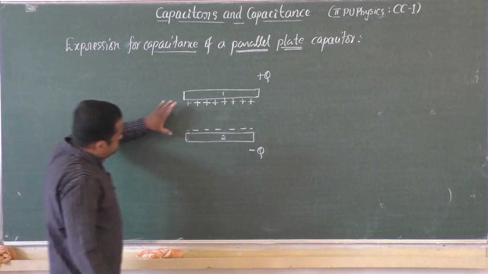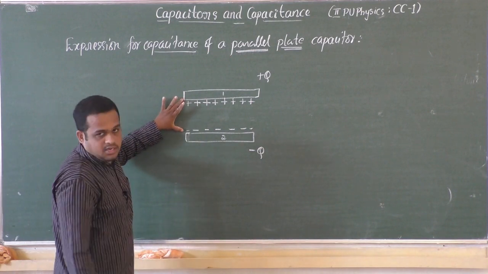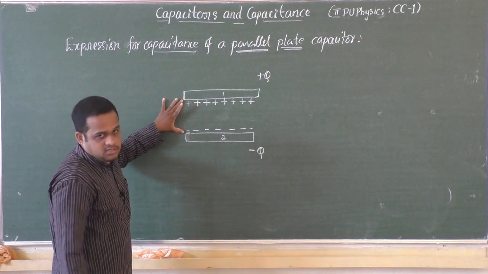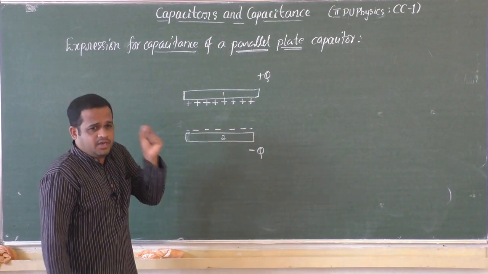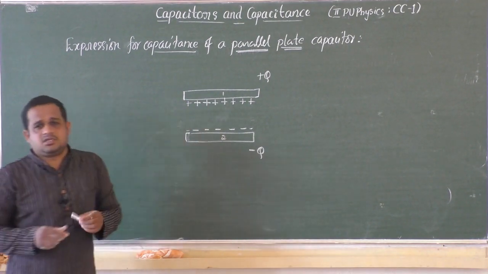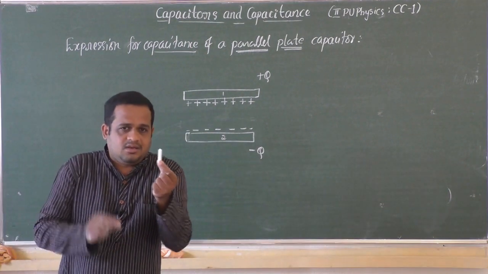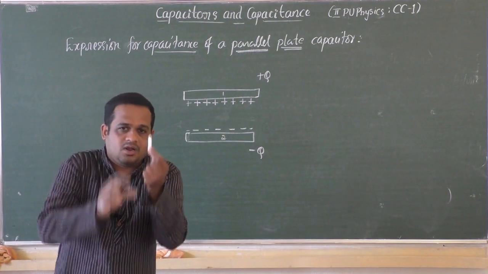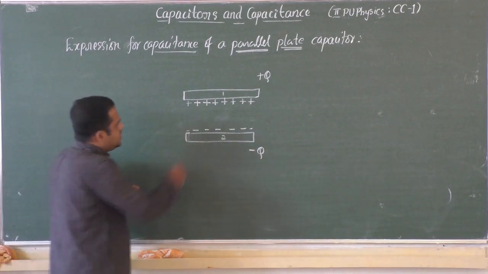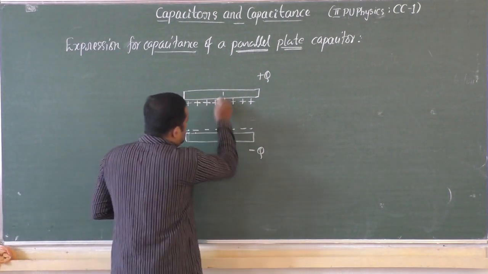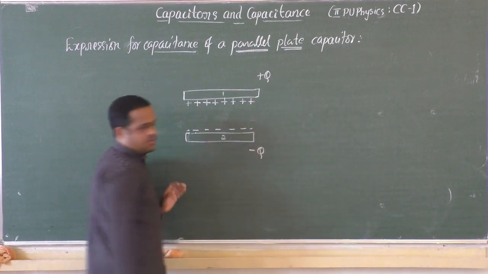In the diagram, the separation between the plates is very large, but actually the separation between the plates of a capacitor will be very small, so that the size of the capacitor will be smaller than this chalk piece. That means it is a very close packed structure. Now in between these two conductors there will be a dielectric medium.